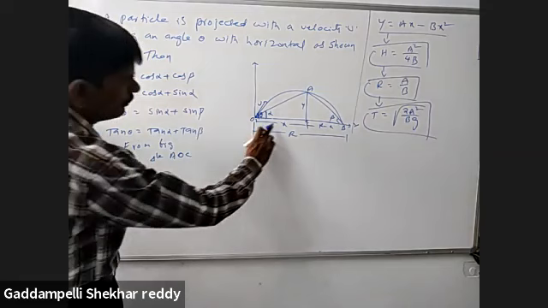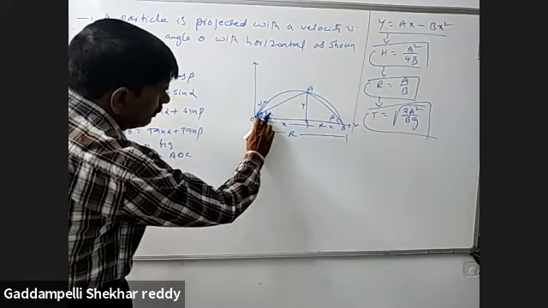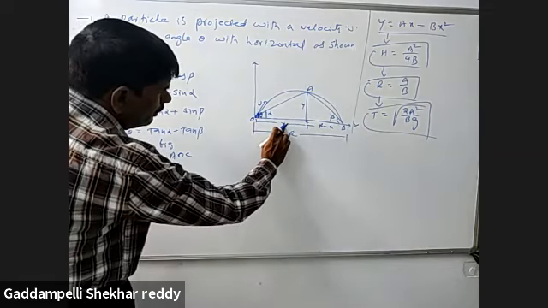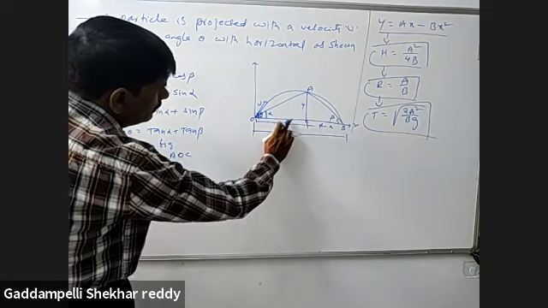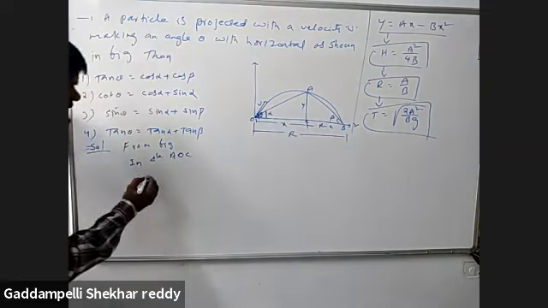We know that here is angle alpha, so horizontal means adjacent, and opposite.